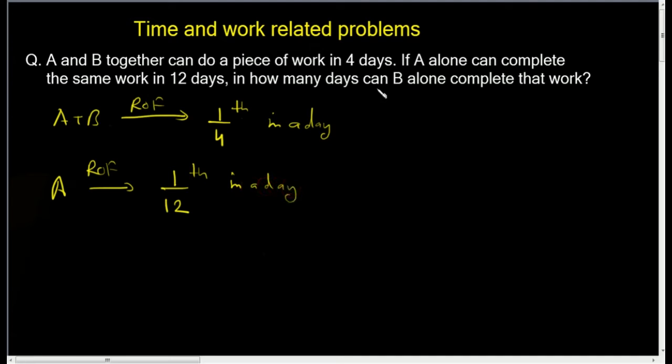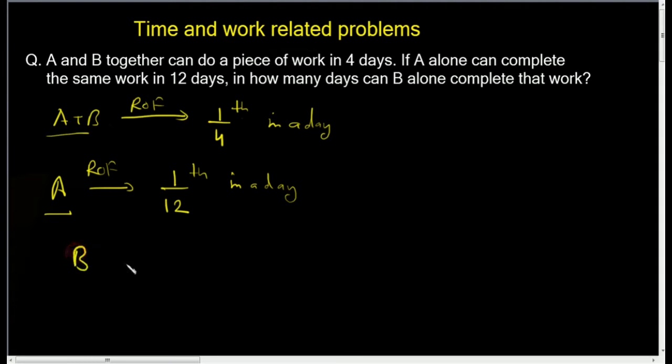Now we want to know how many days B will take to complete the work. So before that we'll compute how much work B does in a day. We know the combined work of A plus B, and we know A's work, so we can subtract.